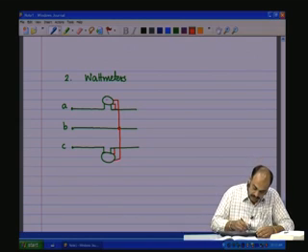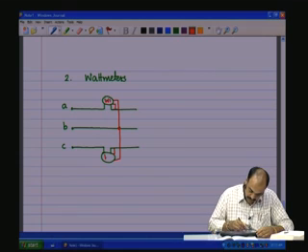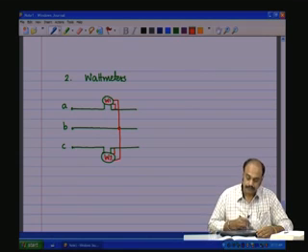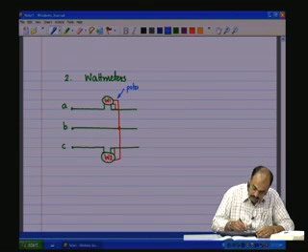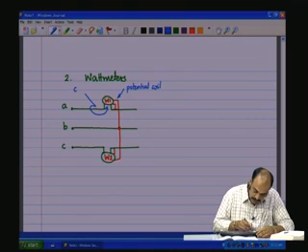So, this is wattmeter W1, this is wattmeter W2. This is the potential coil connection, and this is the current coil connection.